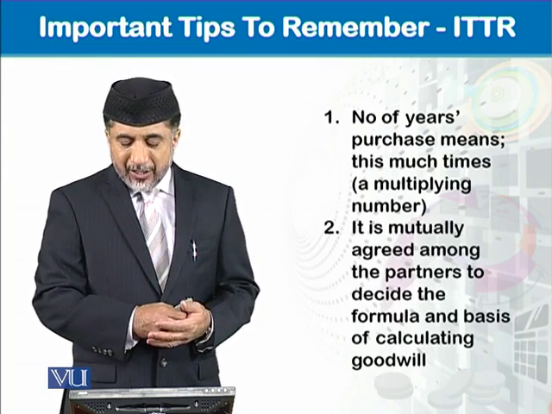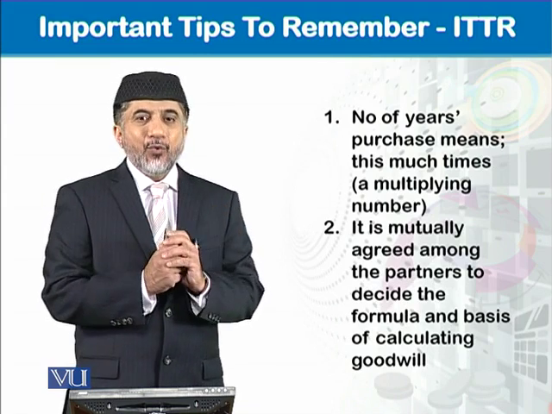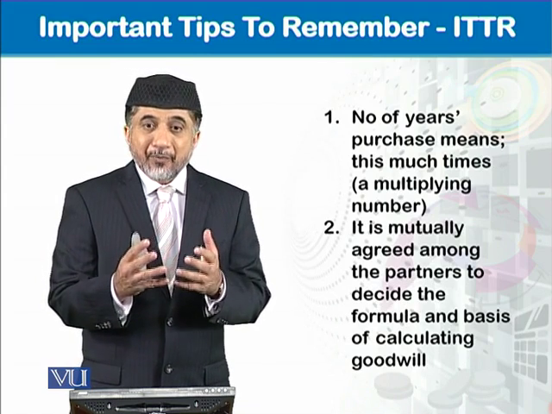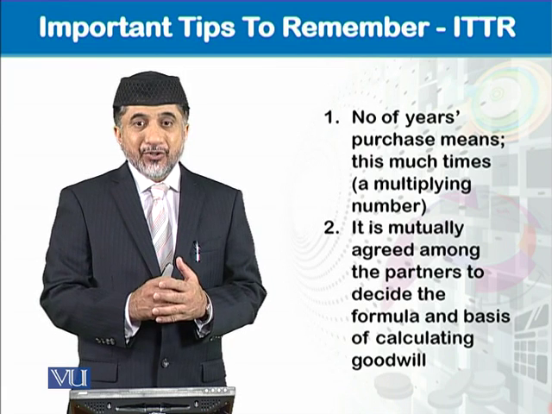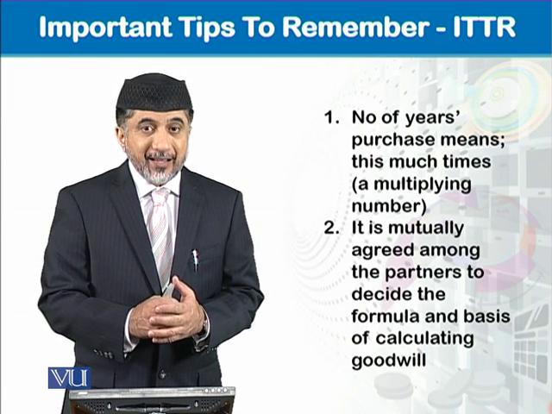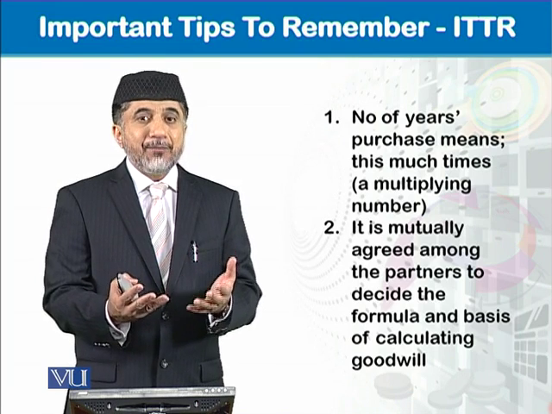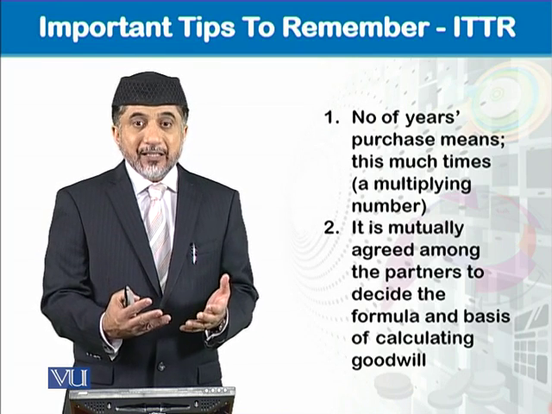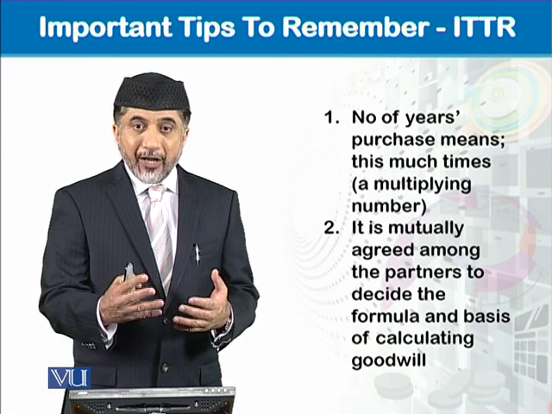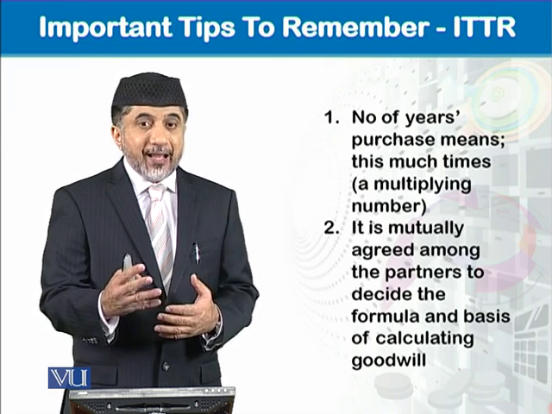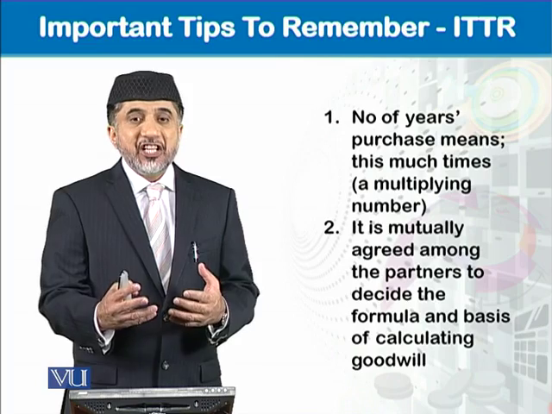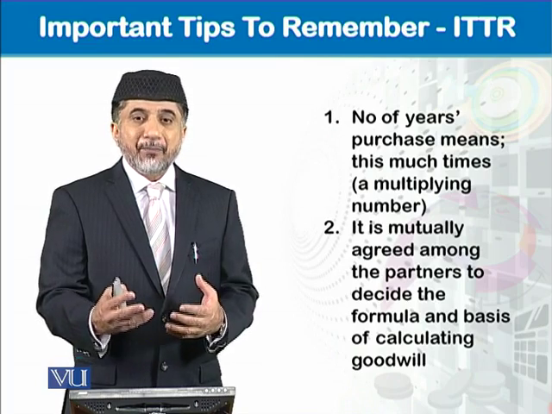Okay, and it is mutually agreed that which method will be adopted to value the goodwill. So the partners will agree on a method, and that method will be used to calculate goodwill or value of the goodwill of the firm at the time of change in constitution of the partnership.